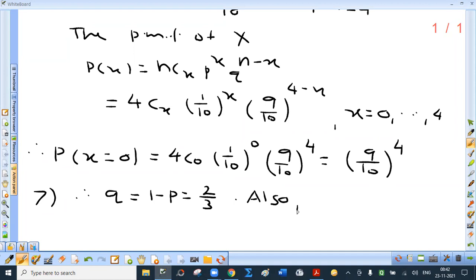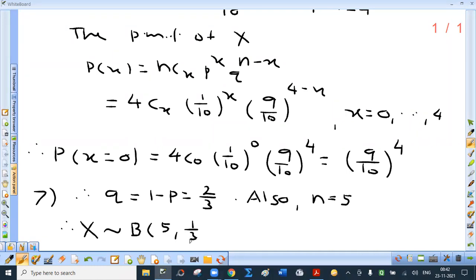Also, what is small n? Number of questions, 5. So n equal to 5. Therefore, capital X follows binomial distribution with parameters n comma p, where n is 5 and p is 1 upon 3.